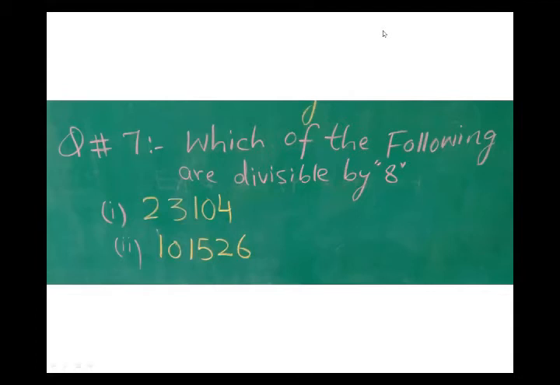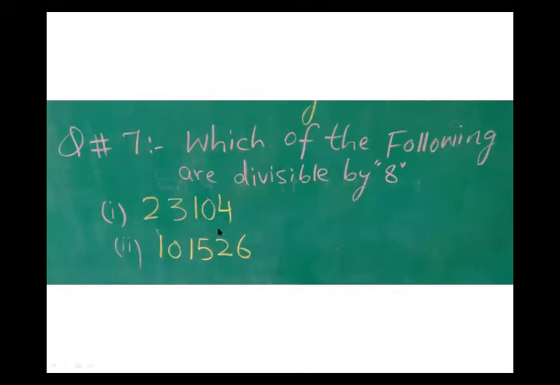Firstly, we check by using the divisibility rule: if the last 3 digits of any number are divisible by 8, then the number is also divisible by 8.